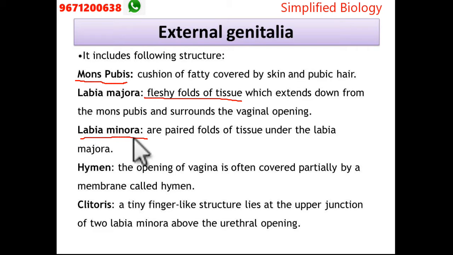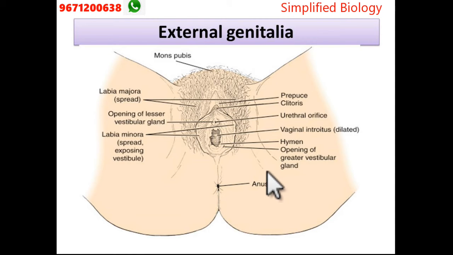After that, the next layer is named the labia minora. Clear? The labia minora is the inner fold of skin that covers the vagina from the inner side.